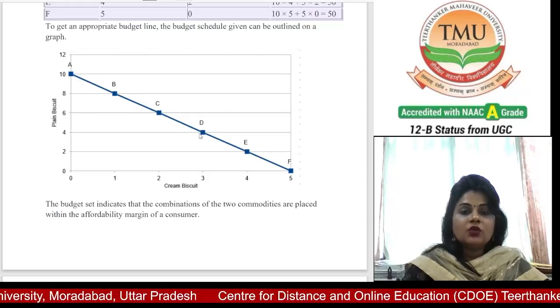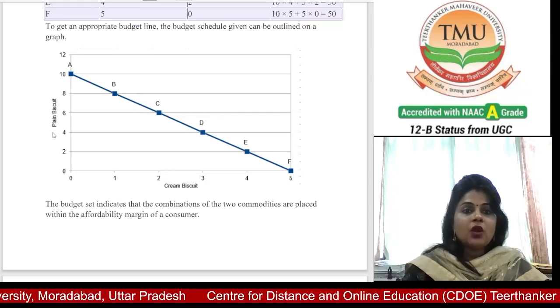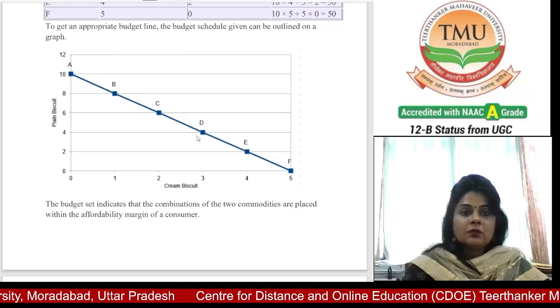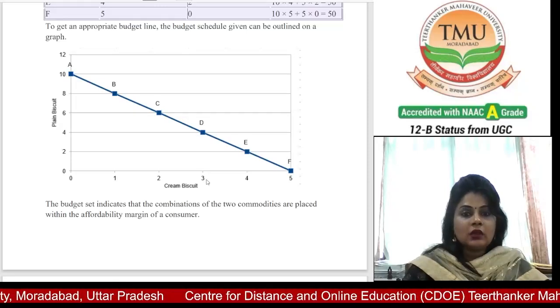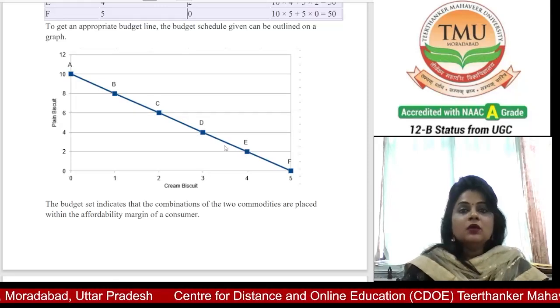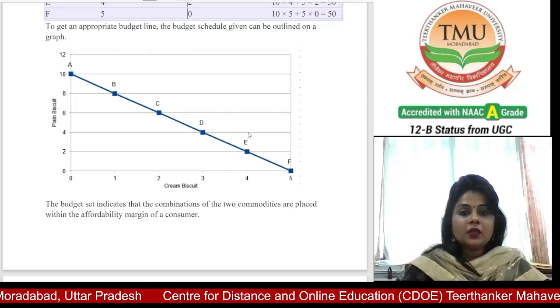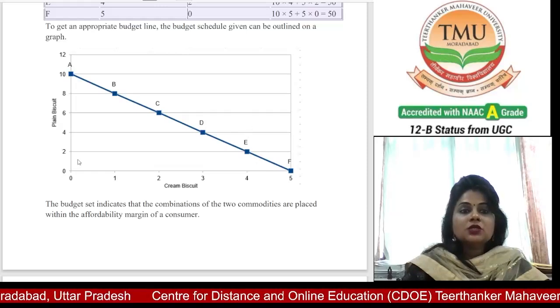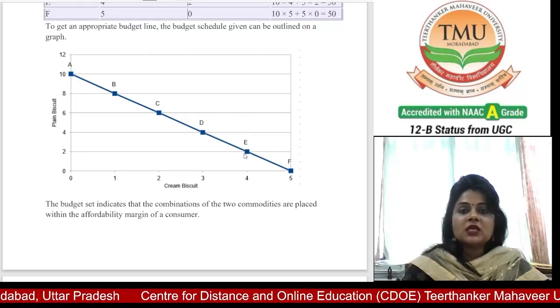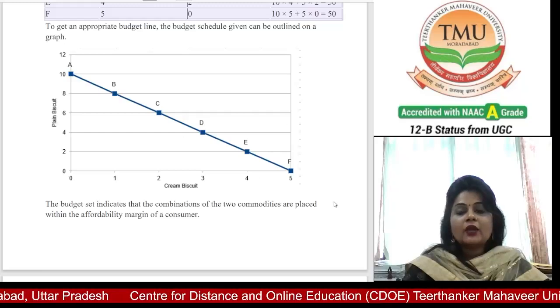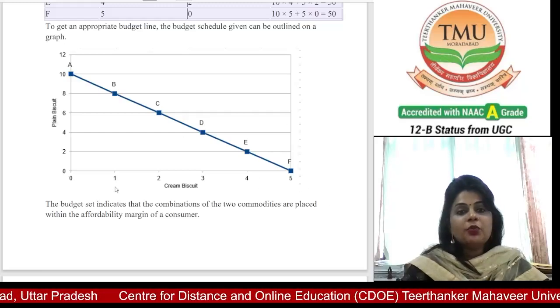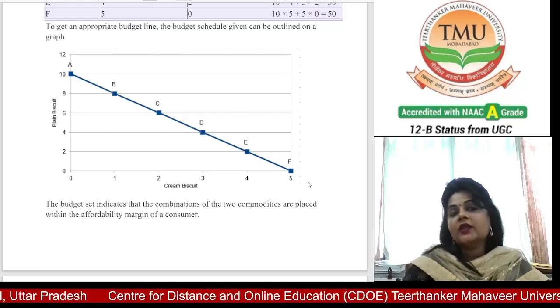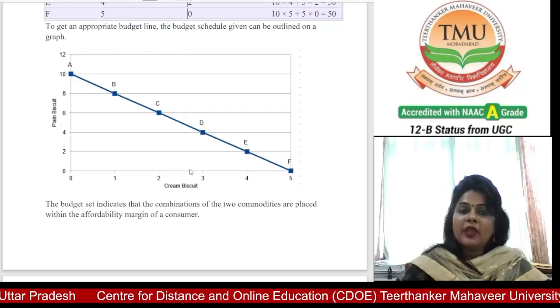Combination D, you can see in the figure, she bought four plain biscuits and three cream biscuits. Combination E, you can see here, she bought two plain biscuits and four cream biscuits, and combination 5, she bought only cream biscuits and doesn't buy any plain biscuits.